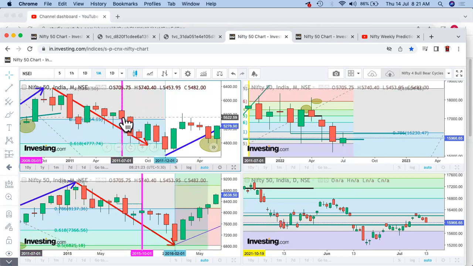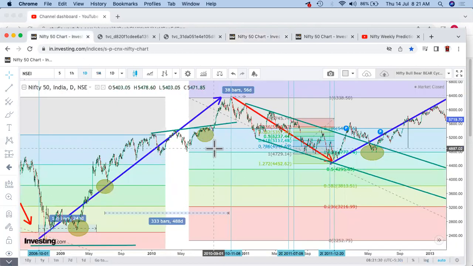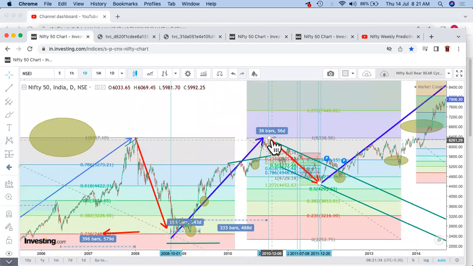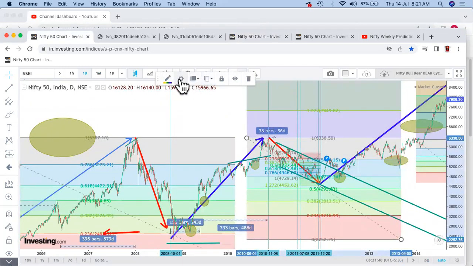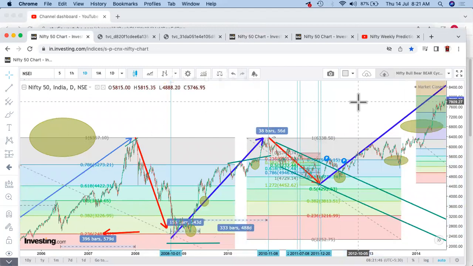So first thing is, let's go back to somewhere around 2011 and check the details, right? So I'll open a chart of 2010, 2011, on a bigger chart. So this is the low, this is the high till 111. I'll just remove the extensions because those are not required at this stage, right?